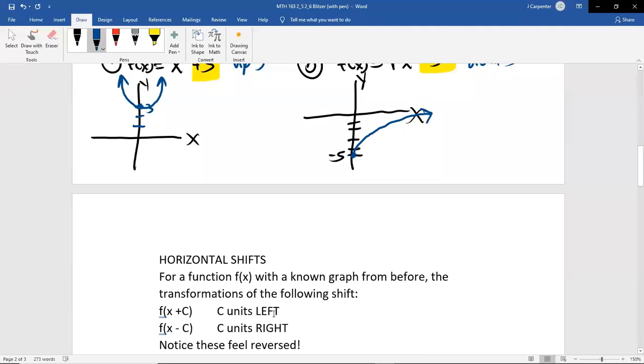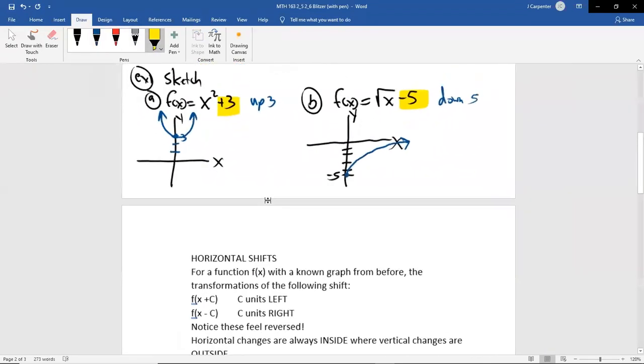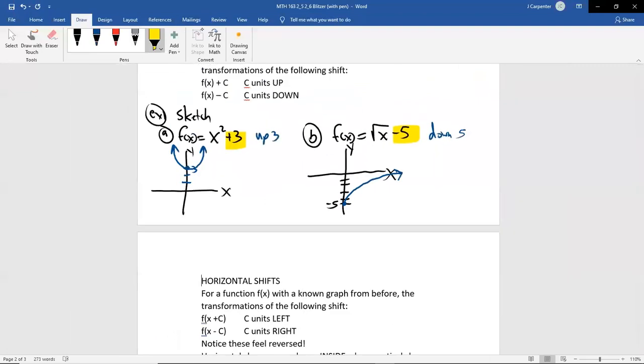Horizontal shifts. So for a function with a known graph from before, so we know it's going to look like the x squared or the absolute value or the square root, whatever, the transformations of the following shift it left or right instead. Now, notice, let me kind of pull back for a second. I hope you can still read everything. Compare where the plus and minus c are here versus where the plus and minus c are here.